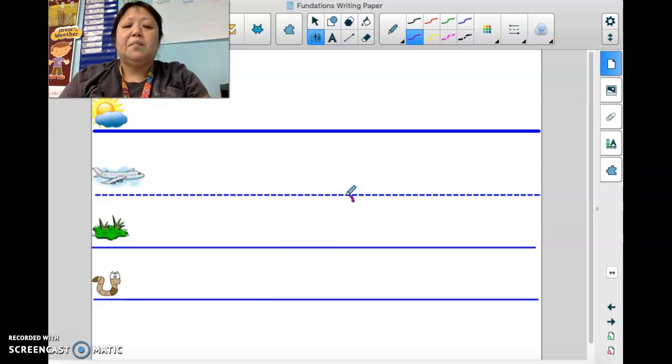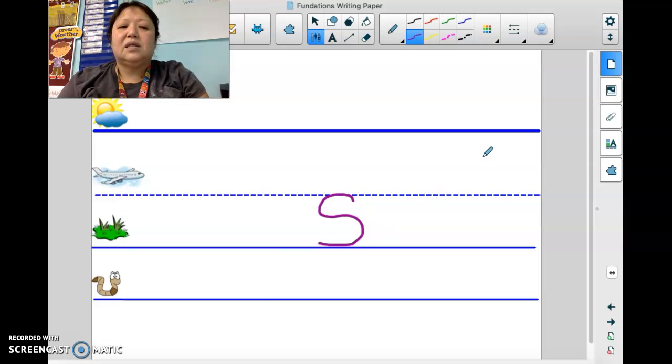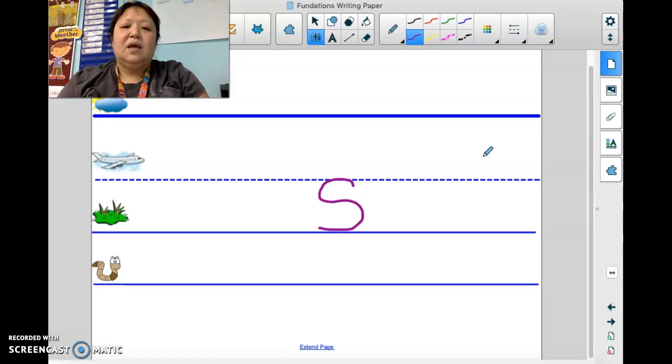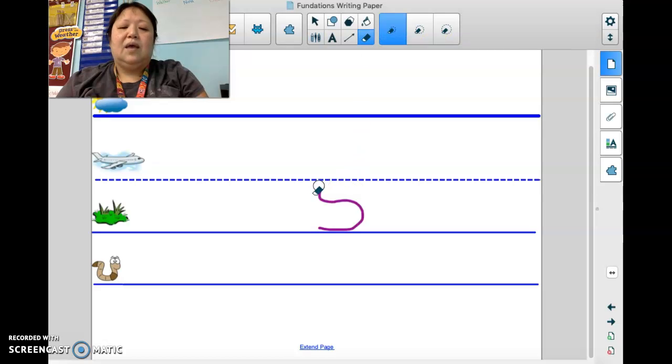You're going to curve up, bump your head on the plane line, curve around, turn around backwards, and go down to the grass line. S, snakes, bus. Okay. If you didn't have an S down as your letter for the ending sound of bus, go ahead and change that right now. Okay, let's move on to the next one.